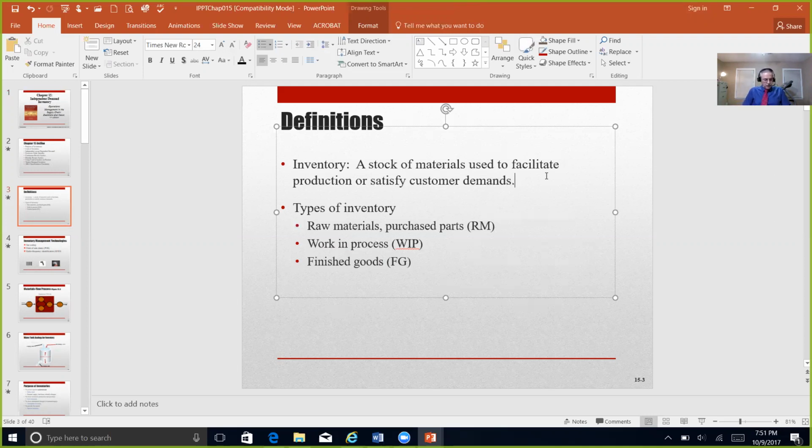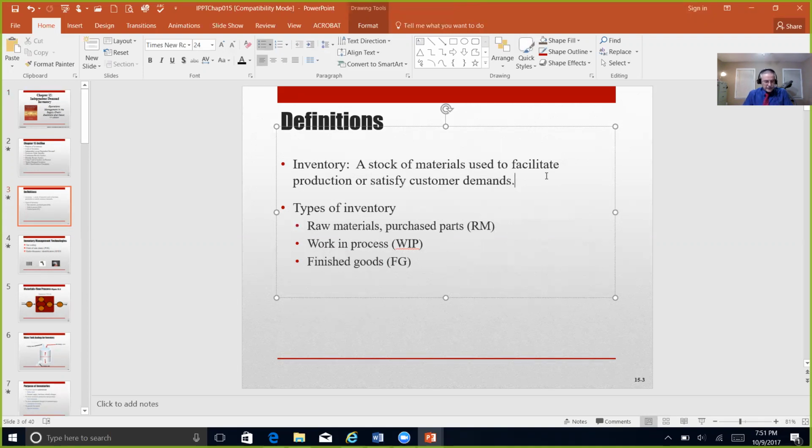Beginning over on page number 370 is where we're beginning chapter 15 today. There are many different technologies being used to manage inventory. One of those is barcoding, which you see a lot as you do your shopping.